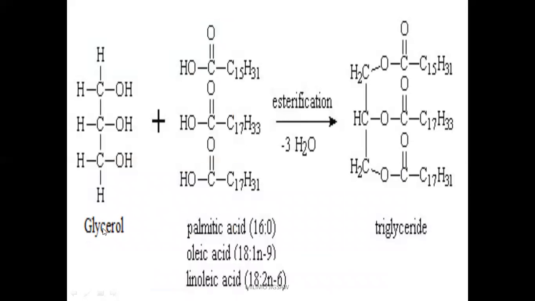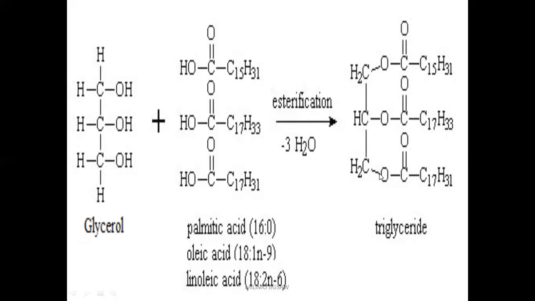So remember, we're saying glycerol reacting with the 3 fat acids. So for example, you have palmitic acid, oleic acid, and linoleic acid. You have these 3 acids reacting with the glycerol through the process of esterification, through the process of dehydration or condensation. Water is given out, and this is going to lead to the formation of a triglyceride or triacylglycerol molecule.